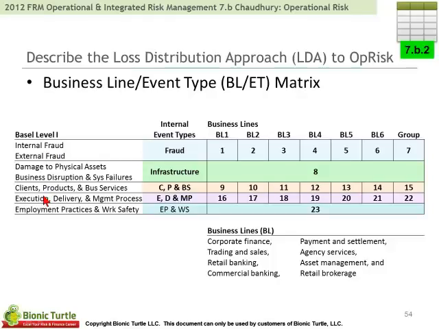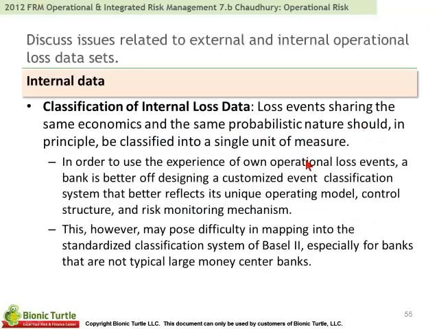We want to characterize these as random variables, and they're not all going to be the same depending on the event type, and they're not all going to be the same depending on the business line. And so this paper is largely about all of the issues associated with our attempt to characterize operational risk, including the difficulty with internal data and how to classify it.